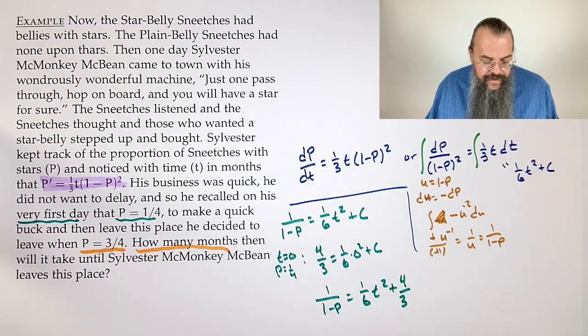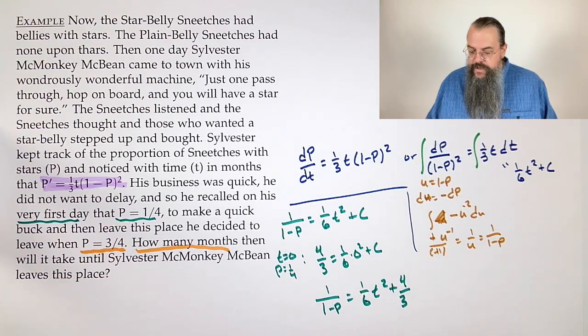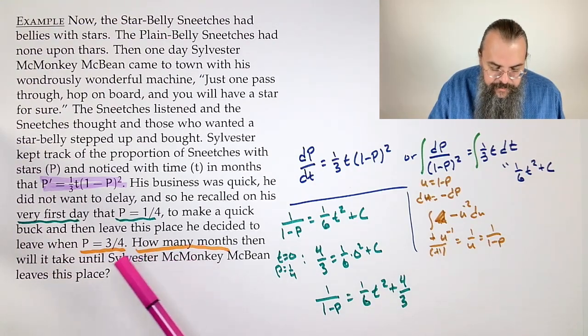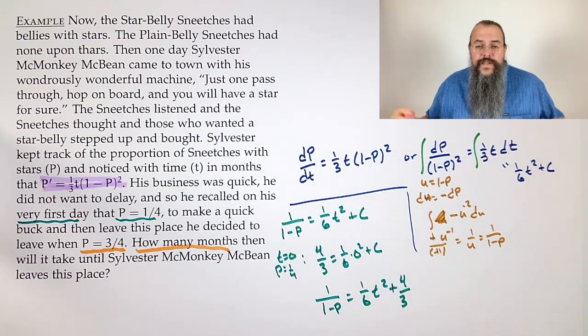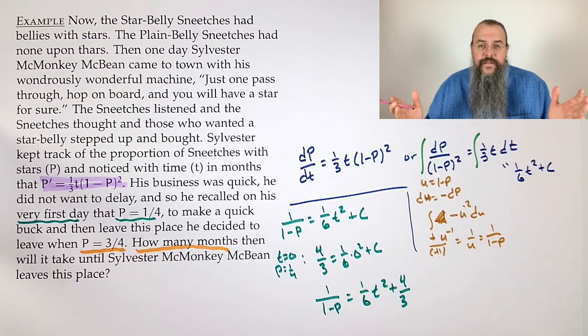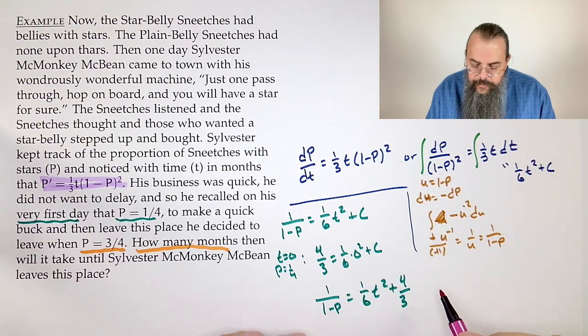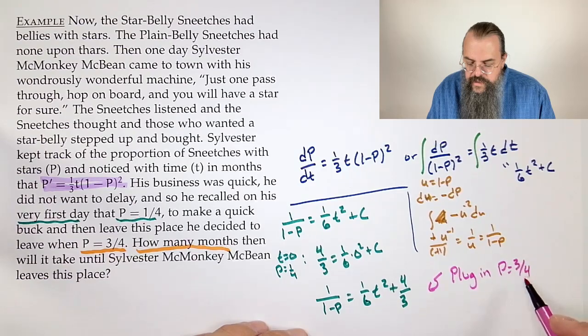Now, in our case, the thing that we're after is the time. In particular, at what time do we get up to 3/4? So we can just leave this expression as is, plug in p equals 3/4, and then solve for t.